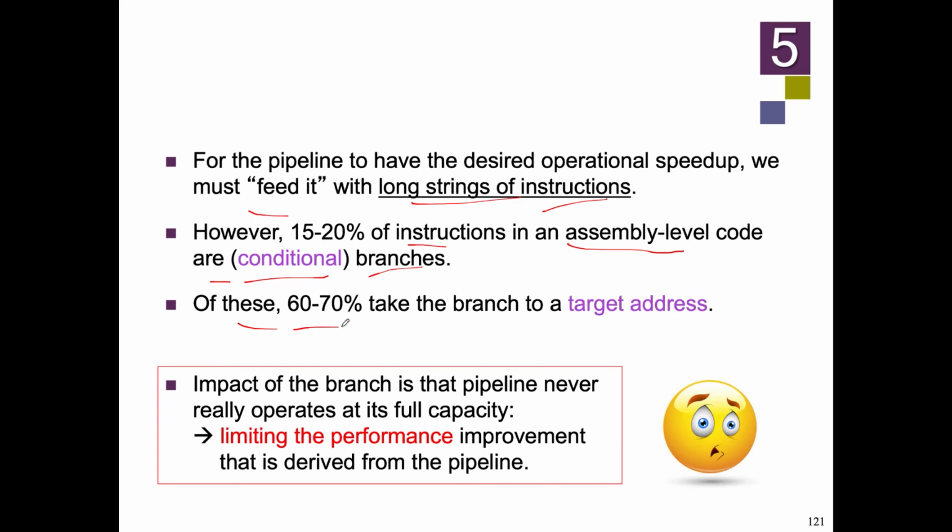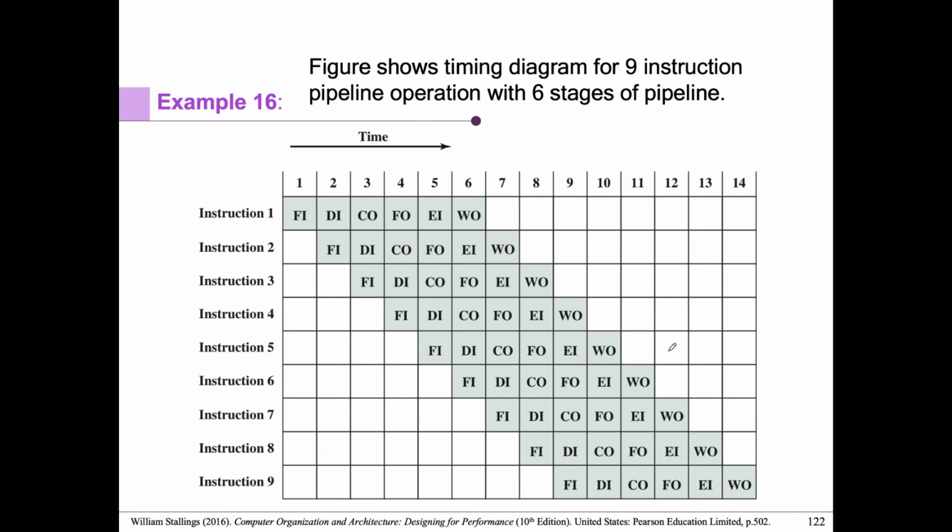Of these, 60 to 70% take the branch to the target address. The impact of the branch is that the pipeline never really operates at full capacity, limiting the performance improvement that is desired for the pipeline. You can try to read all of this information and try to understand it.